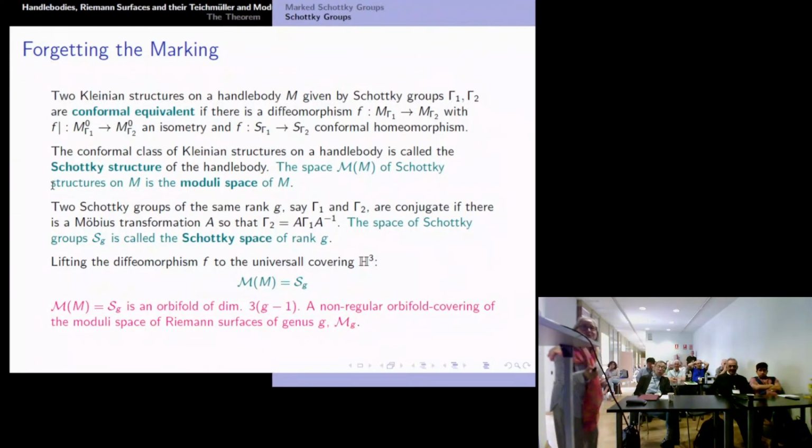So what do we do? We forget the marking. Now we say that two Kleinian structures on a handlebody, or two Schottky groups, are conformally equivalent if there is a diffeomorphism of the handlebodies such that there is a conformal homeomorphism, so the Riemann surfaces are conformal.